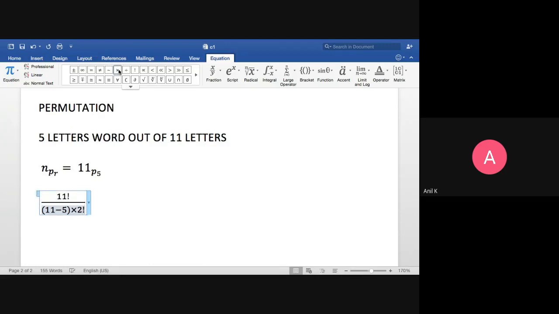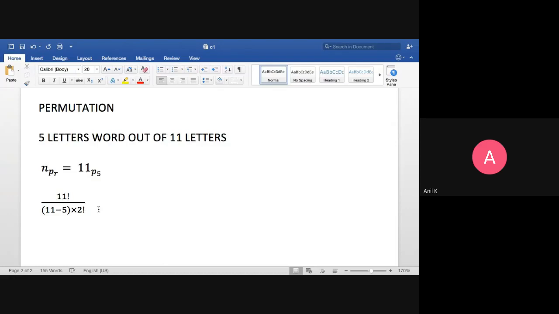The reason I am multiplying by this 2 factorial is because T is repeating twice. So that's why I have to put 2 factorial. This is the number of permutations which you are going to get when I want to make a 5-letter word using 11 letters. So you can simplify further. I think it is easy for you to simplify.